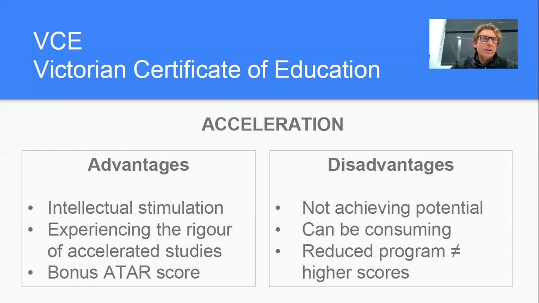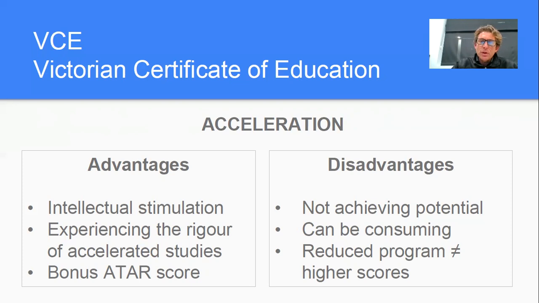However, one of the major things that we do find is that students have a level of academic maturity which occurs over a period of time, especially in that 15 to 17-year-old age group. Sometimes students who do subjects early because they like them may do them better when they've matured in terms of their study habits and what surrounds those study habits.